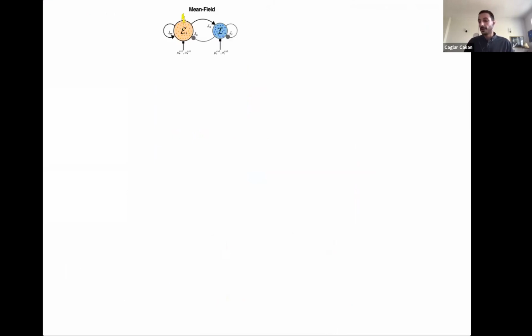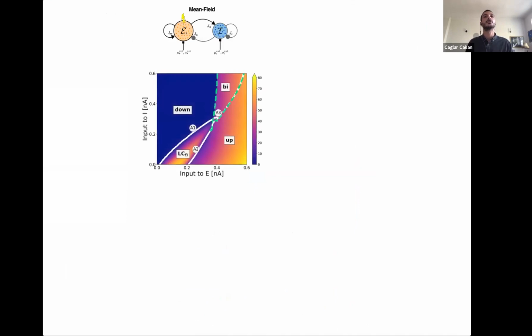Okay, so this talk is about electrical stimulation. Let's talk about electrical stimulation. The reason why I also showed you these bifurcation diagrams is that now we can try to understand what stimulation would do to these neurons, to this population. So imagine you're sitting somewhere in this bifurcation diagram, A1, for example, and you turn on electrical stimulation.